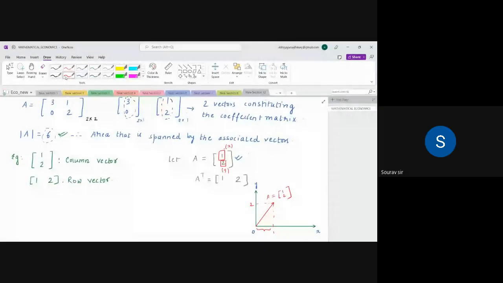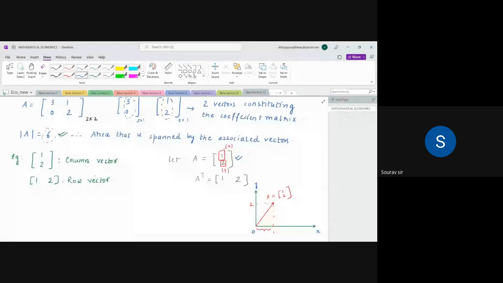Coming back to this. So if I am calling this my vector, capital A equals 1 comma 2, what does this mean graphically? Let us understand that. The first component represents the units on the x-axis, and the second component represents the units on the y-axis.